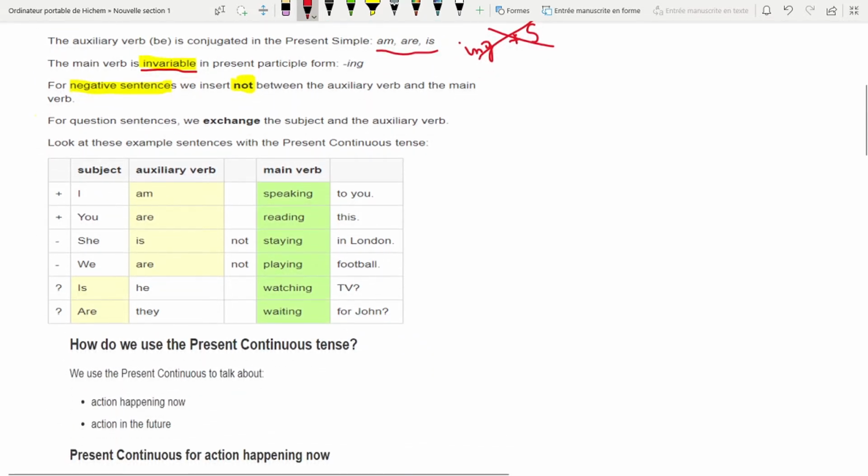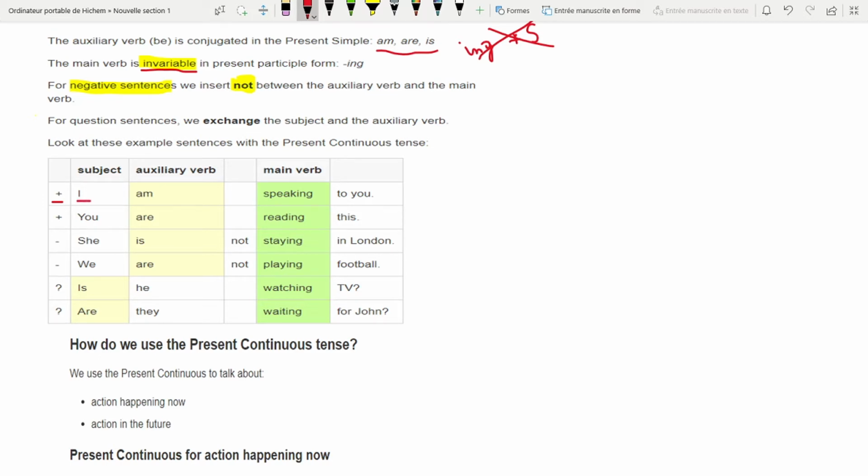So let's talk with a positive or a declarative sentence. Okay, so we have the subject I, auxiliary verb am, the main verb is speaking, and the rest of the sentence is to you, right? So I am speaking to you. You are reading this. Okay?